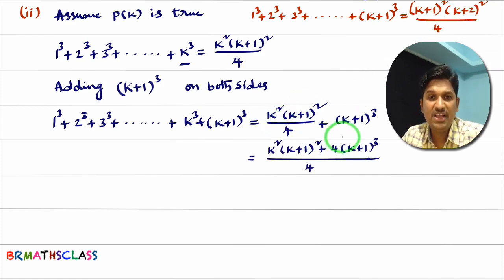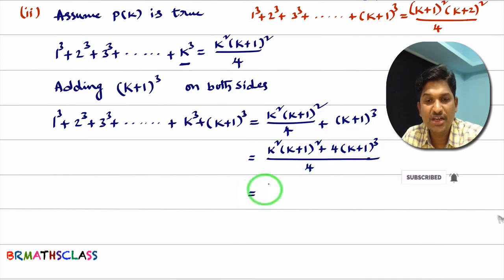Here 4 is the LCM. Then what will you get in the numerator? k square into k plus 1 whole square plus 4 into k plus 1 whole cube. Do not multiply these things. You see, in the first term k plus 1 whole square is there. In the second term also k plus 1 whole square is there. So in the numerator you take k plus 1 whole square common. If you take k plus 1 whole square common, what is remaining?